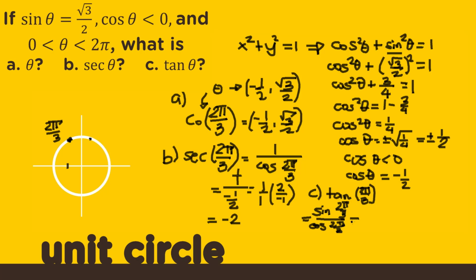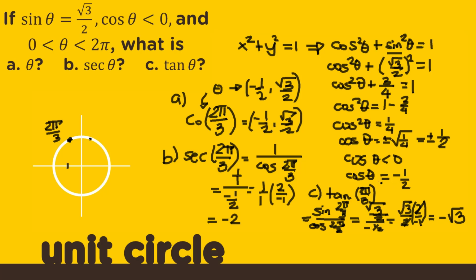Our sine 2 pi over 3 is square root of 3 over 2. Our cosine is negative 1/2. Keep, change, flip method. Sorry for the spaces. You have square root of 3 over 2. Change the operation to multiplication. And you have here reciprocal 2 over negative 1.